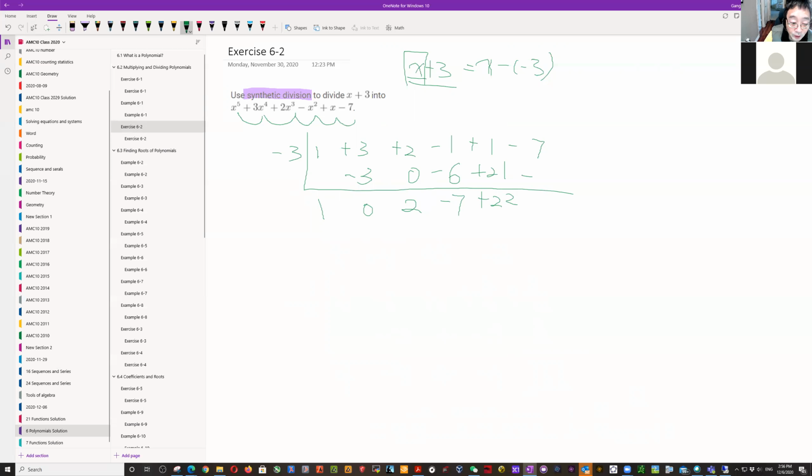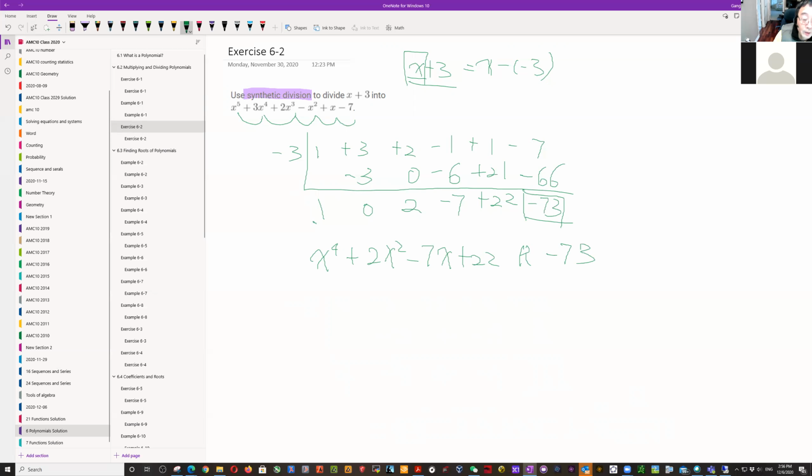And this is going to be negative 66 and negative 73. So this is going to be the remainder. So if we write out the quotient, it's going to be x to the fourth, and 0 means the cubic term is 0, plus 2x squared minus 7x plus 22. Then the remainder is going to be negative 73.